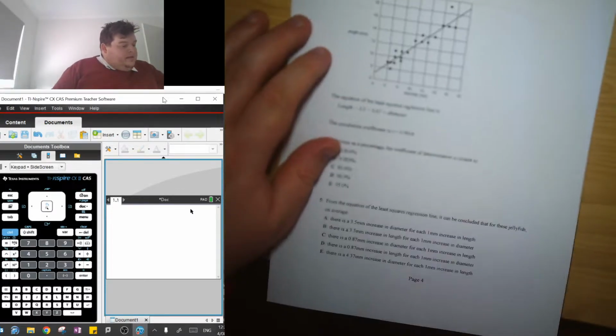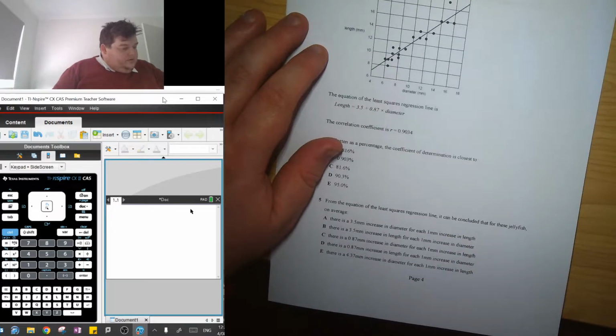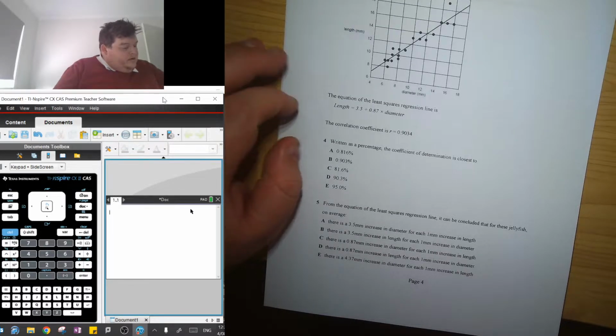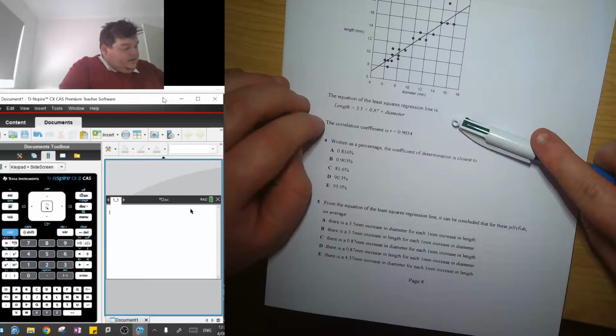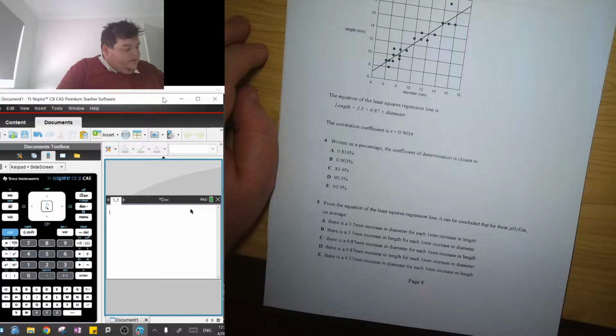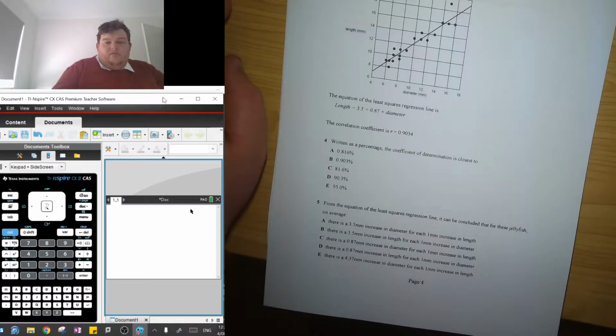Okay, the lengths and diameters of sample jellyfish. A sample of jellyfish are collected from a location and recorded in the scatter plot. This is the least squares regression line, and we actually get the regression line this time. The correlation coefficient is R equals 0.9034. Written as a percentage, the coefficient of determination is closest to, right?